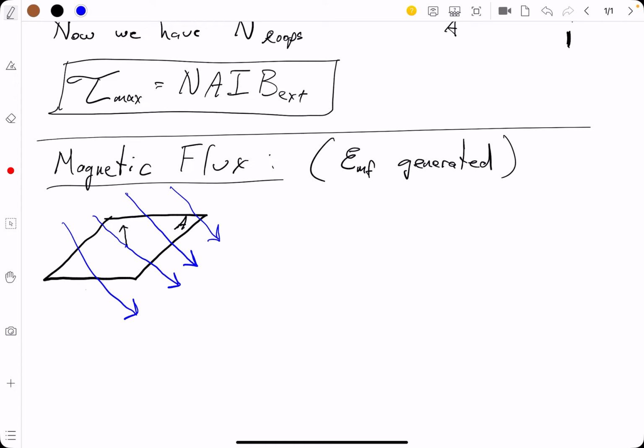What a terrible picture. Okay. I did this one with the normal next to it so that we can see that there's an angle between that and the normal that we're going to call theta. So there's the angle between the B field and the normal. And of course, this is our external B field, all right?